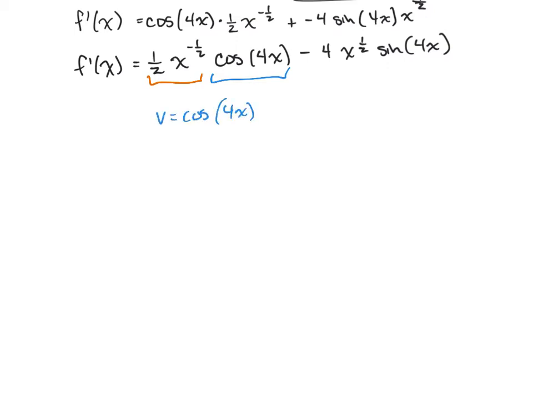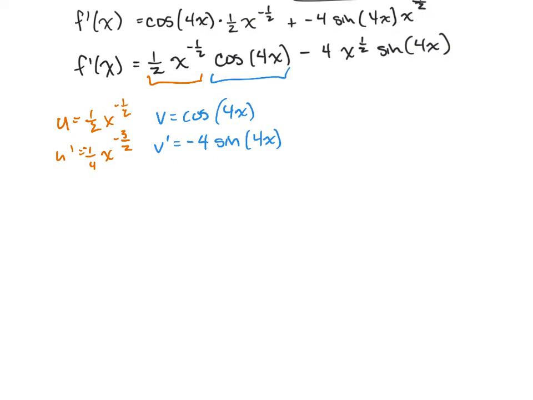I'm going to skip the tiny little chain rule here and get that this is going to be the negative 4 sine of 4x. Hopefully y'all will forgive me for that. If you have any questions, let me know. And u is 1/2 x to the negative 1/2. U prime is going to be negative 1/4 x to the negative 3/2.